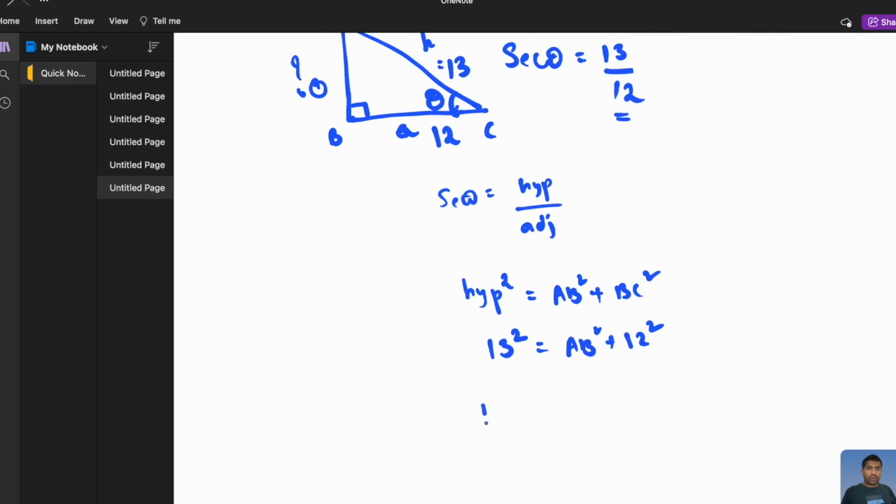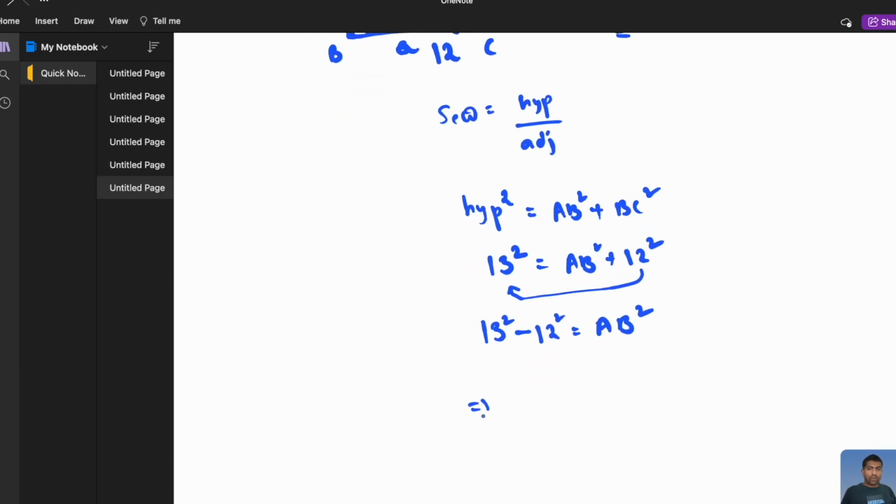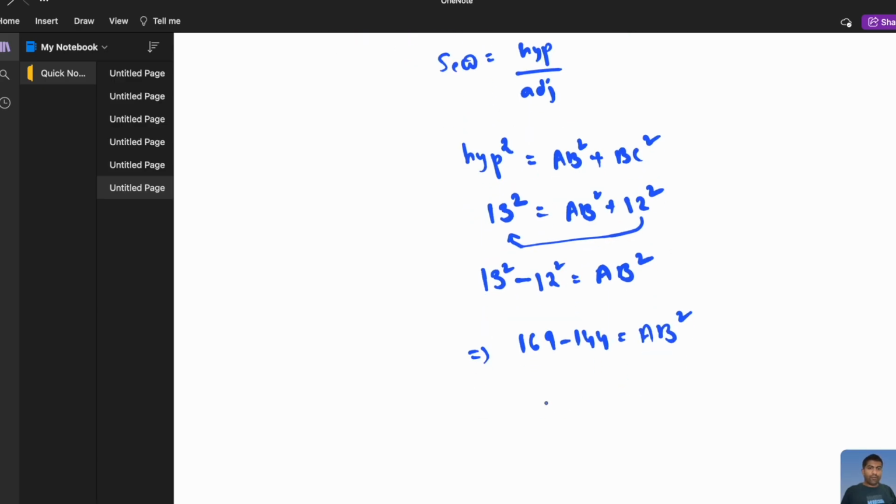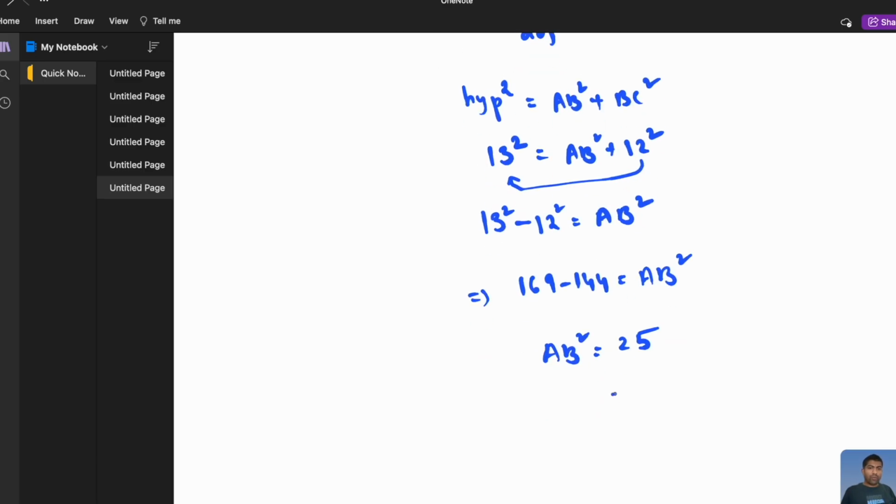If we take this 12 square to the LHS, it will become minus 12 square, that is equal to AB square. This is nothing but 169 minus 144, that is AB square. So AB square is nothing but 25. 25 is nothing but 5 square, which implies AB is equal to 5.